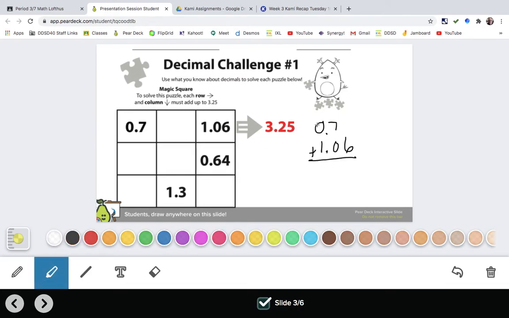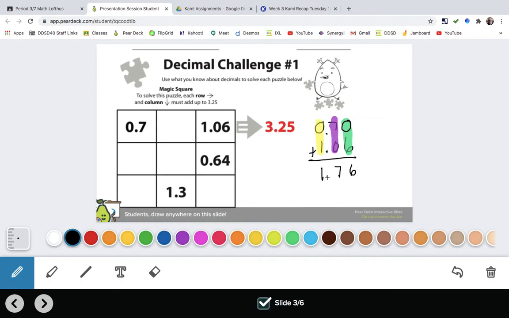So that means I'm adding ones to ones, tenths to tenths, and hundredths to hundredths. And notice that there's nothing up here, so we can fill in a 0. So 0 plus 6 is 6, 7 plus 0 is 7, and 0 plus 1 is 1, so 1.76.